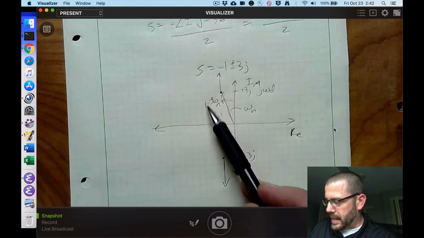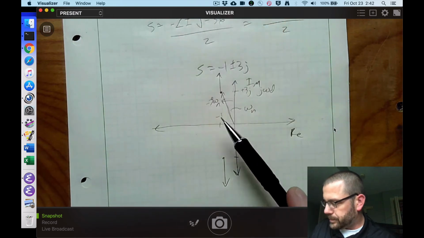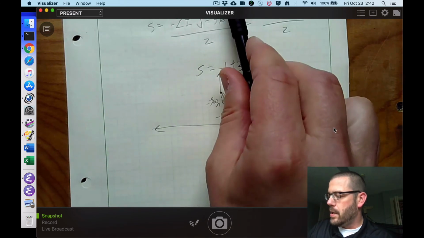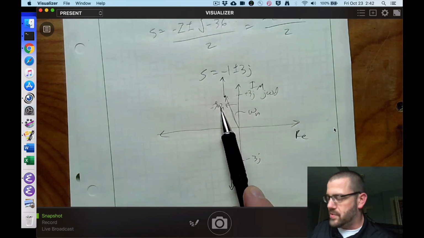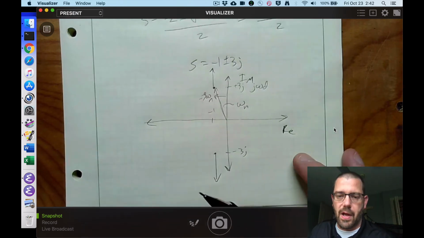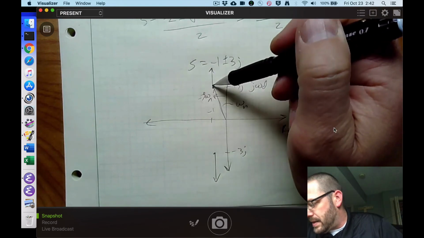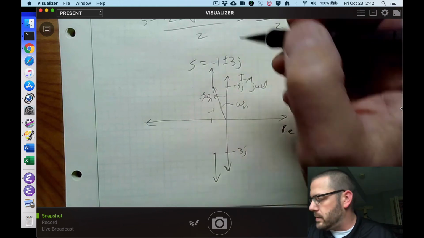My zeta omega n product would remain constant because we're going straight vertical. So omega n is going to go up as I crank up k, but if omega n goes up and this product remains constant, then zeta has to come down. And so I can see right now by looking at this that my settling time never changes, and we'll talk about settling time and define it mathematically soon.